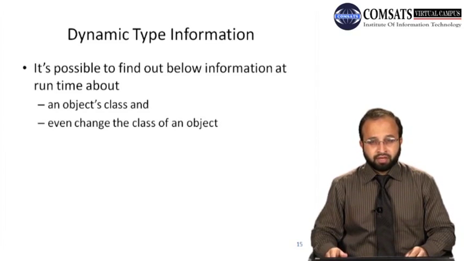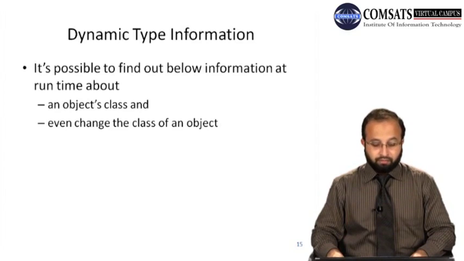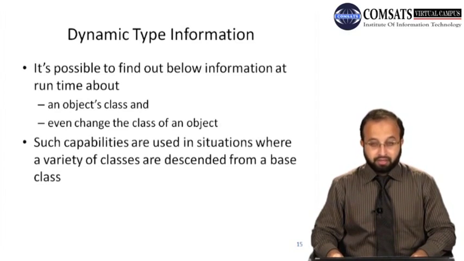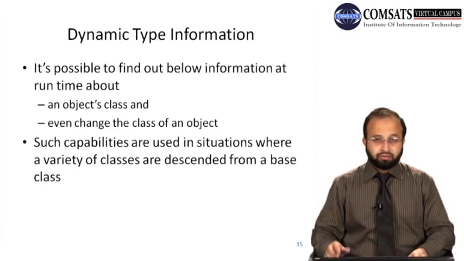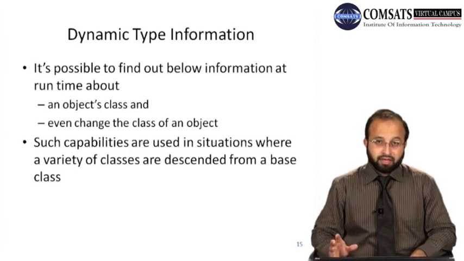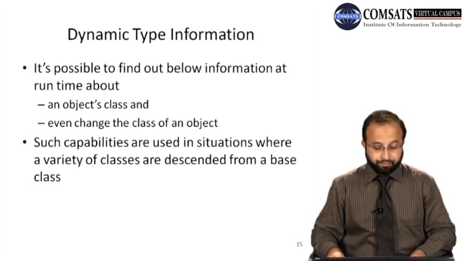The class of a class object can also be changed. That is usually called dynamic type information. Such capabilities are used in situations where a variety of classes are descended from a base class. So the condition is that all the classes are derived from a single class, okay.